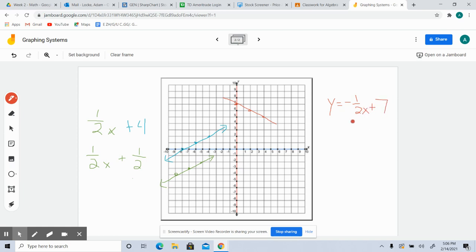If I get another line with that exact same slope and that exact same y-intercept, then it would sit directly on top of that line, and they would intersect at every possible point. If we get one like that, we say that it has infinite solutions. If we get one like the blue and the green, we say that those have no solutions.